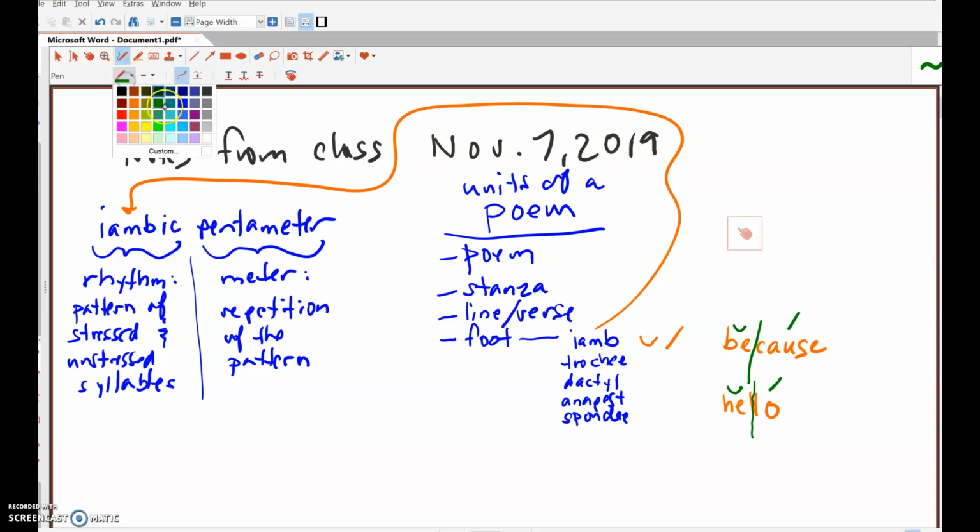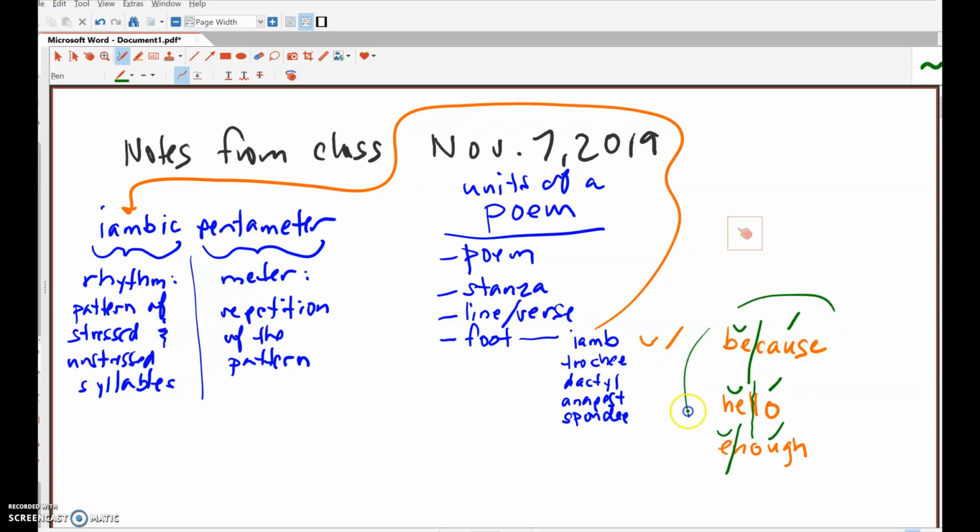Another example that was given in class today, very good example, was the word enough. And the unstressed would be the e, the stressed would be the nuff. We don't say enough, we say enough. So all of these words right here are iambic.